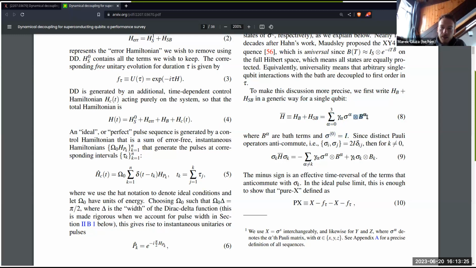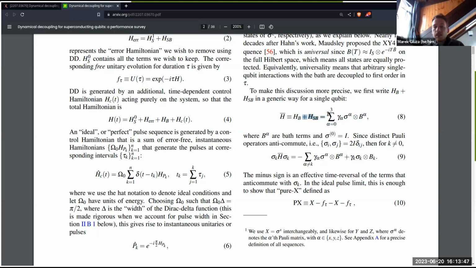In this case, we are collecting HB to be acting on the bath only. When alpha is non-zero, then we are coupling some bath operator to the qubit, which is implementing HSB. So the 0 term in this sum is doing HB, and the remaining 3 terms are doing HSB.